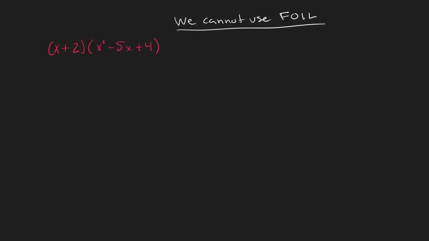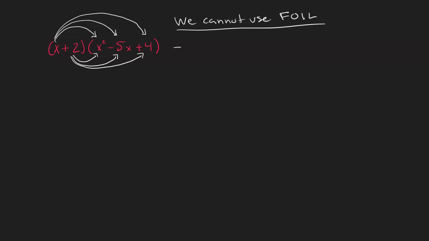So what I'm going to do here is I'm just going to show you by drawing the arrows in this order. I want to take this first term in this expression and multiply it to each term in that second expression. Then I want to take the second term, which is the 2, and multiply it to each term in that second expression, making sure that each term gets paired up.